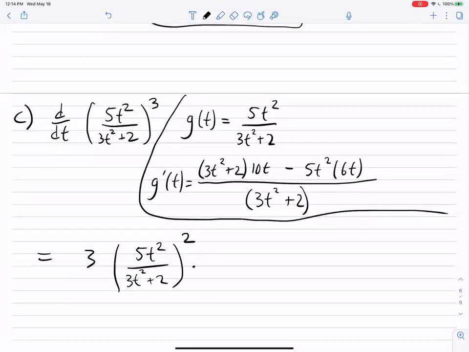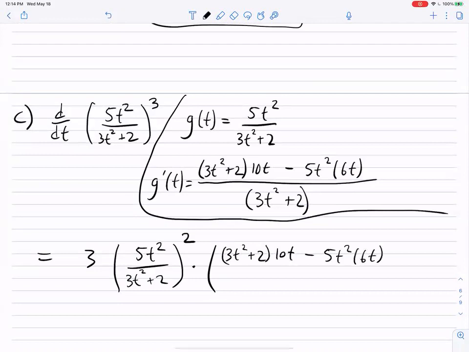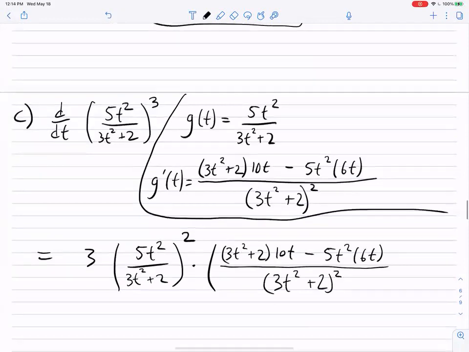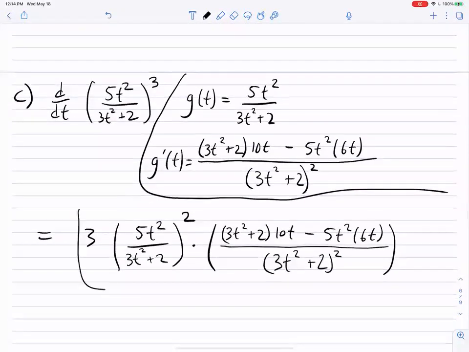And then times that whole disgusting thing, which is g prime. I'm not going to simplify it, we can just leave it like this. Minus 5t squared times 6t, all over 3t squared plus 2 squared. And then that is the answer.